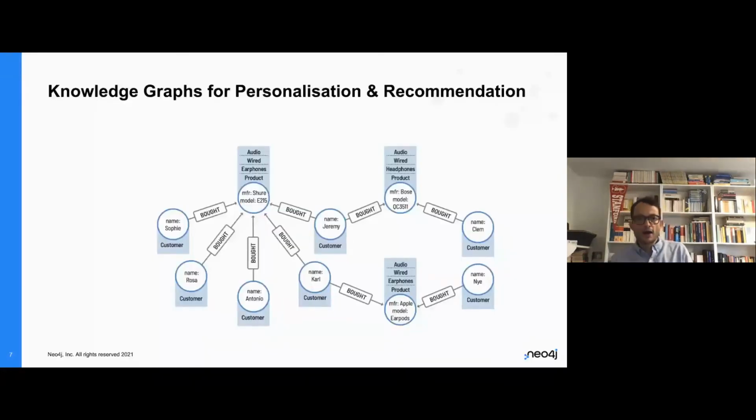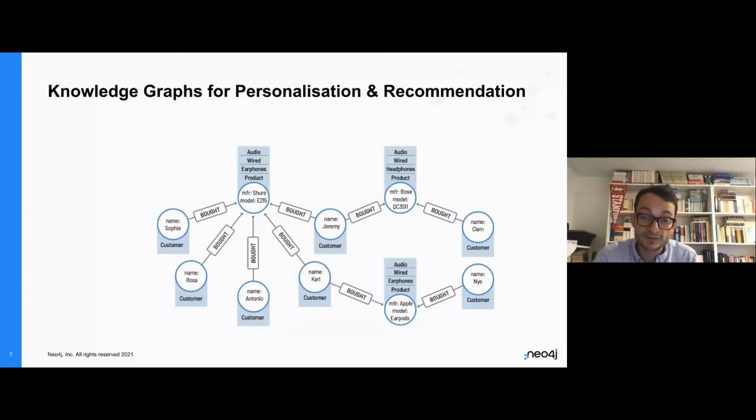Now, on a completely different use of actioning knowledge graphs, and let's remember, I'll repeat it several times, a graph becomes a knowledge graph when we overlay an organizing principle, some kind of semantics, some kind of information on how the data is supposed to be interpreted in a way that it can be actioned. So in a completely different use case, as I was mentioning, it can be used for personalization and recommendation.